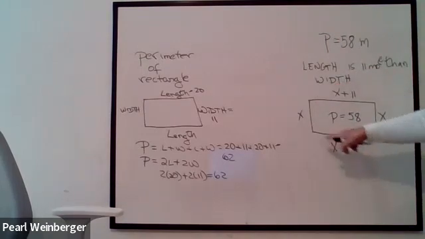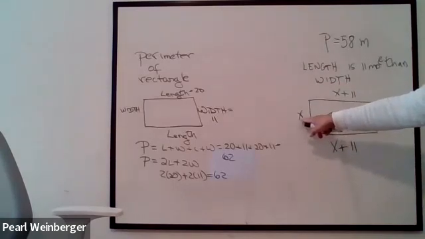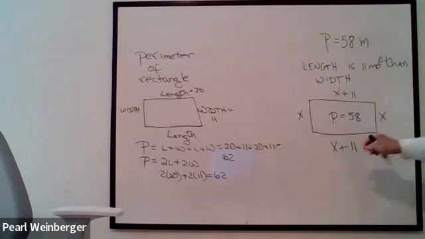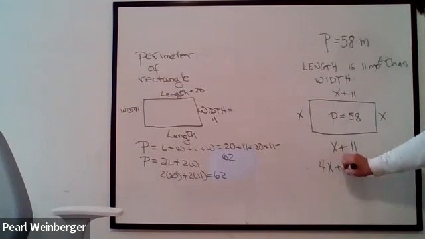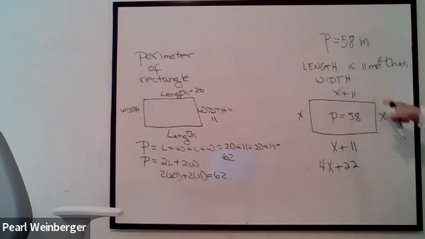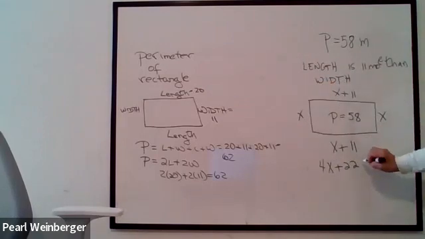Let's see how we figure this out by writing an equation. Well, we know the perimeter in terms of X would be all 4 sides added together. So if I add these all together, I have 4 X's plus 22. That's X plus 11 plus X plus X plus 11. Add it all up, it gives you 4X plus 22, which we know is equal to 58.